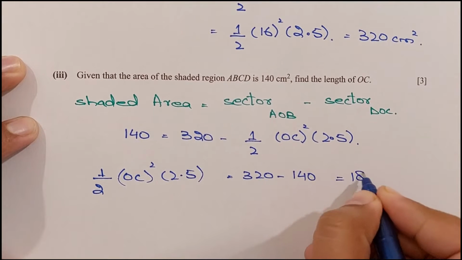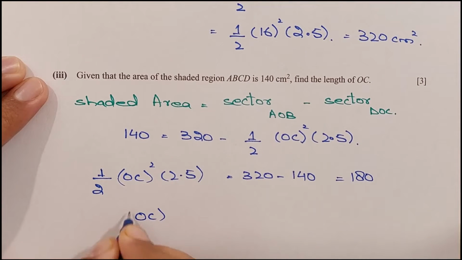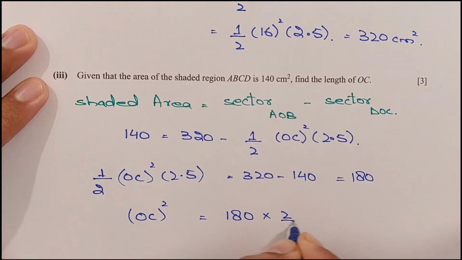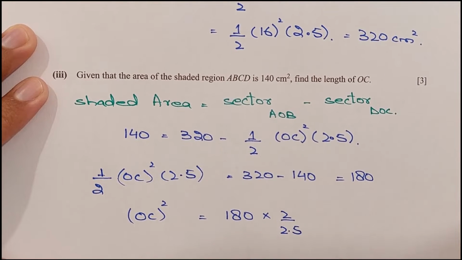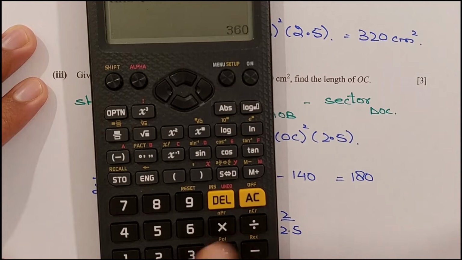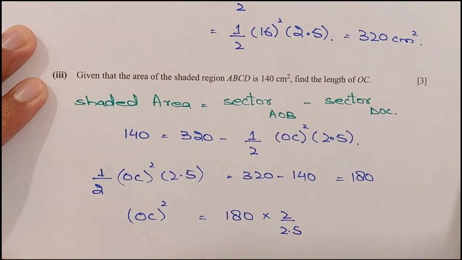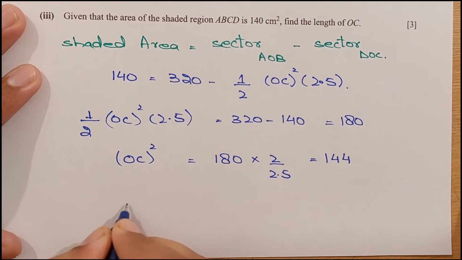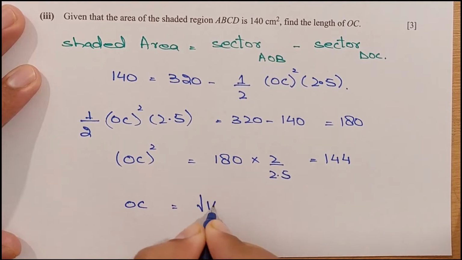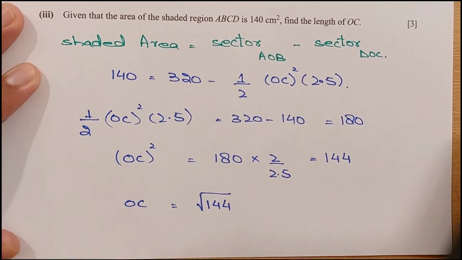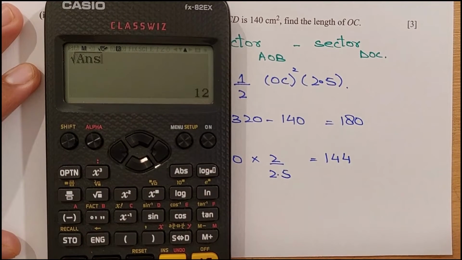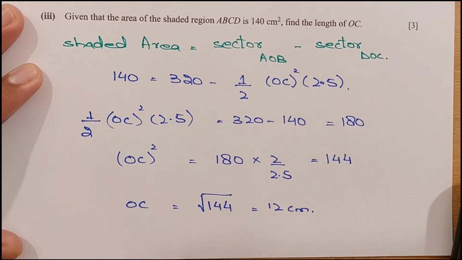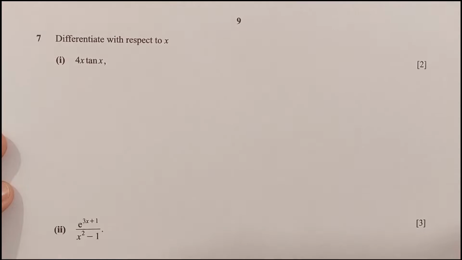So OC square is equal to 180 times 2 divided by 2.5, this is 144. And to get OC, we do the square root. So OC is the square root of 144, which is 12. So 12 centimeters is the radius, or the length of OC.